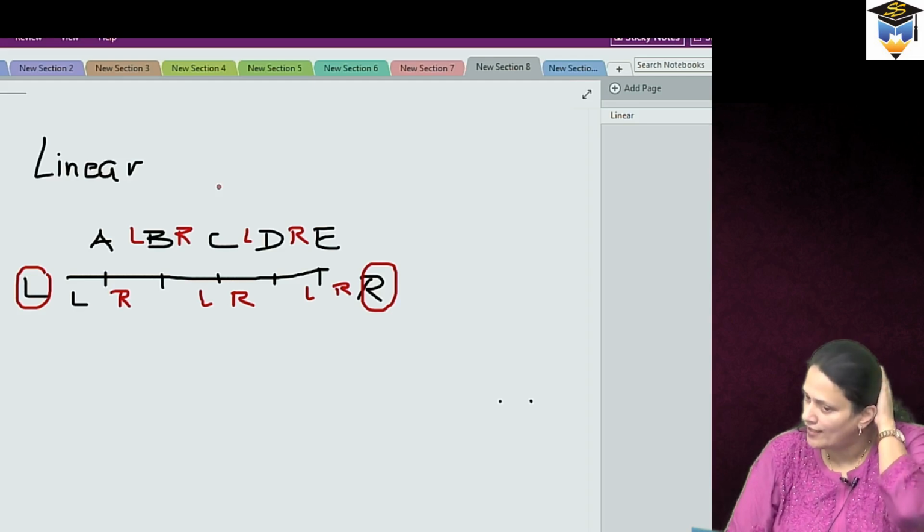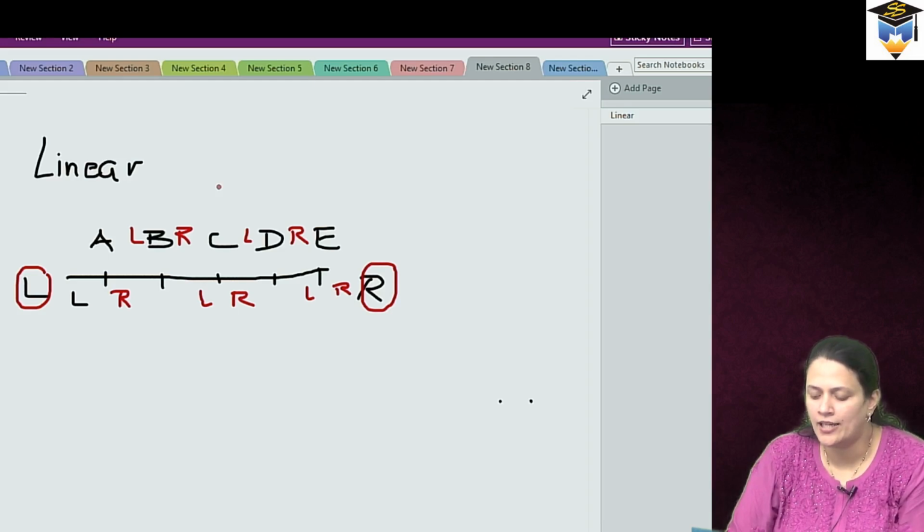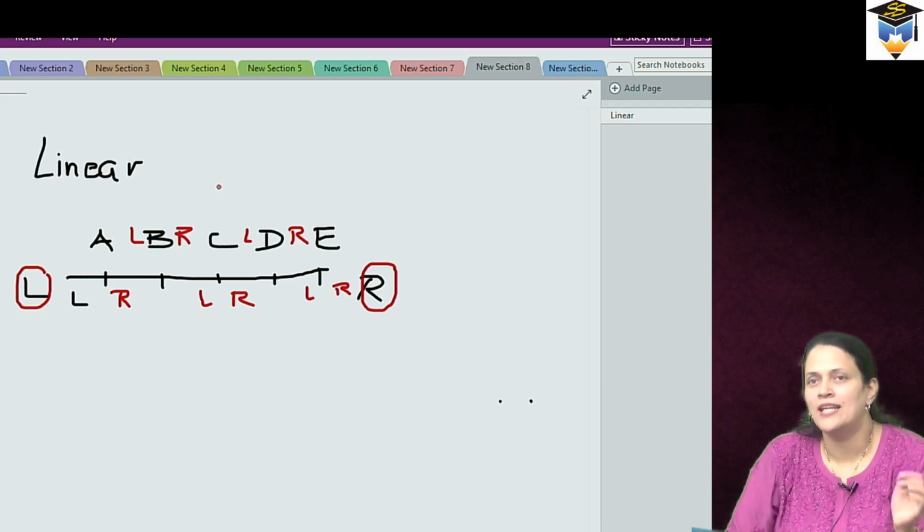A, B, C are to the left of D. Second example, B, C, D, E are to the right of A.